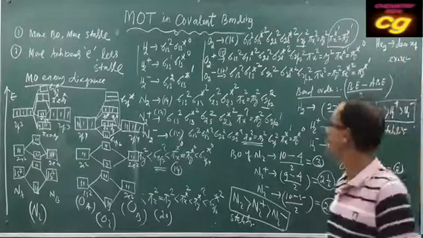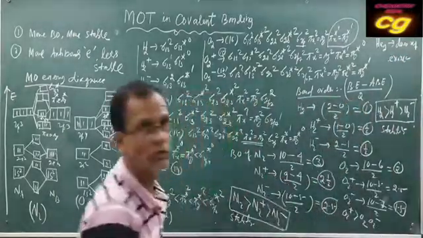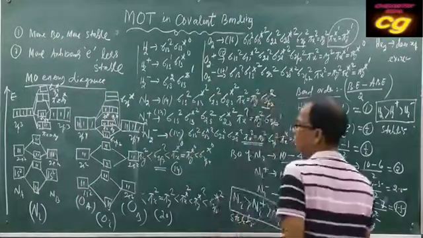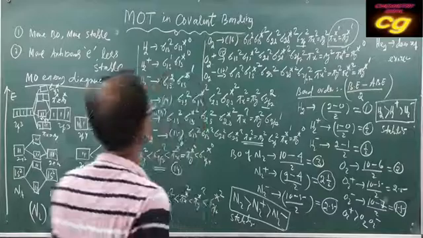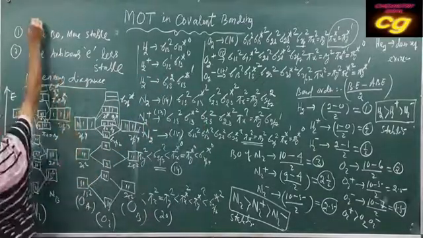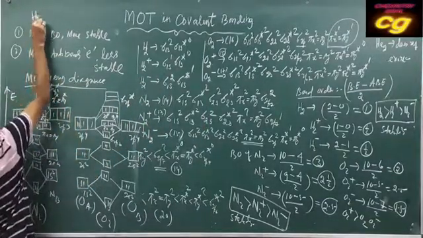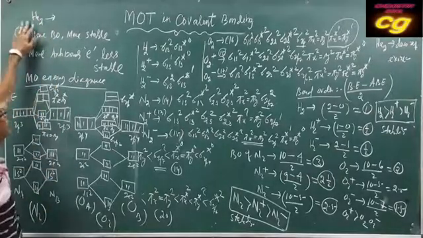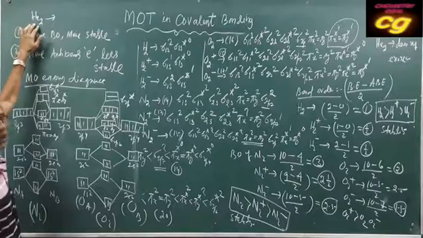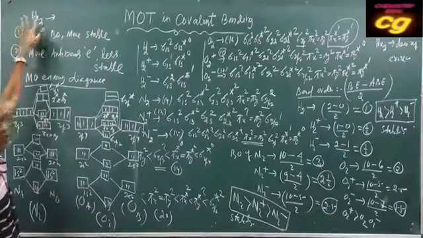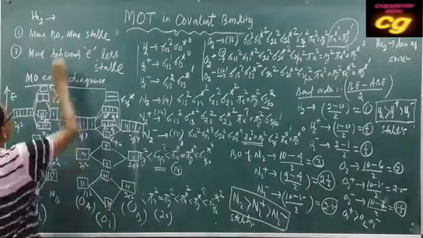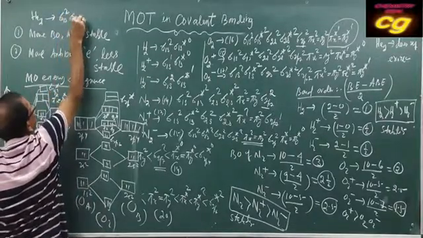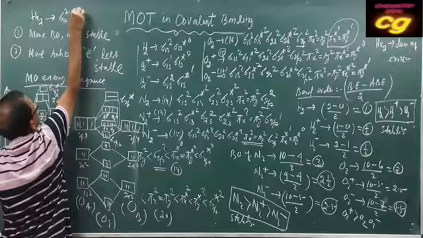If you calculate the bond order of the helium 2 molecule, helium has 2 electrons, so helium 2 means 4 electrons: sigma 1s2, sigma 1s star 2.